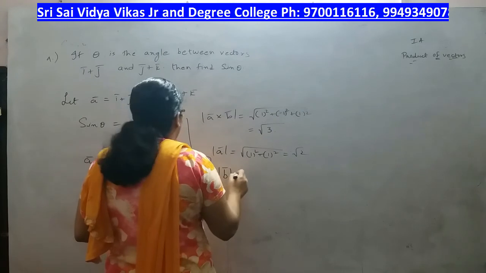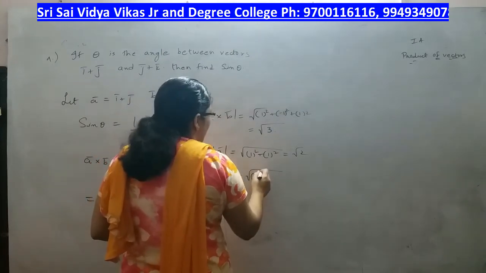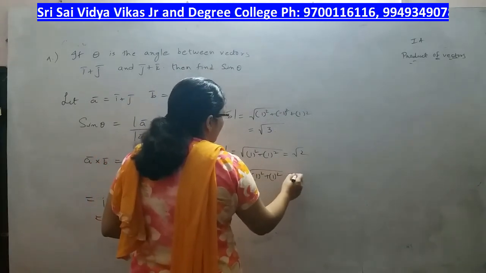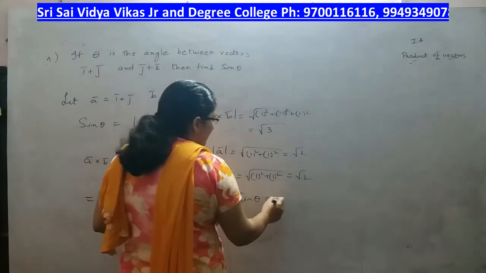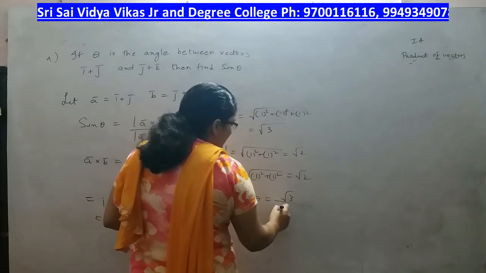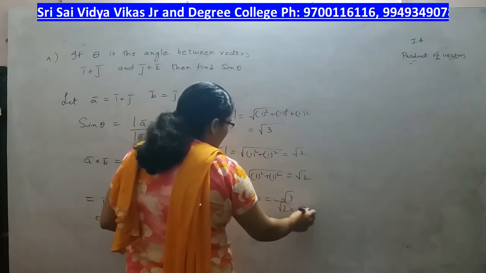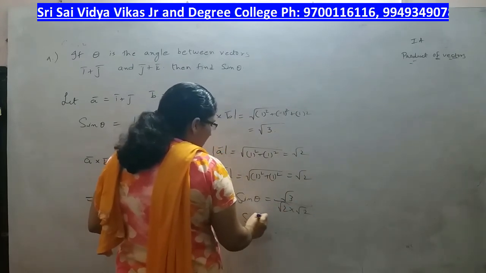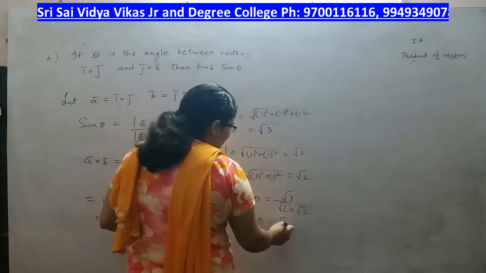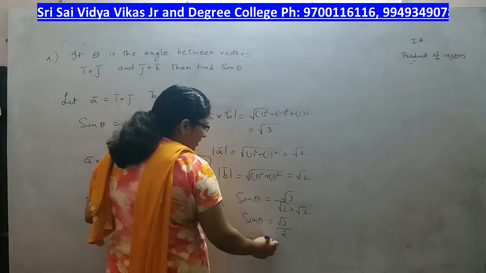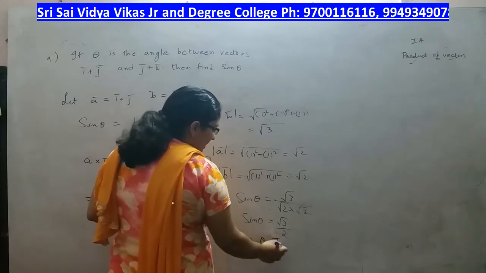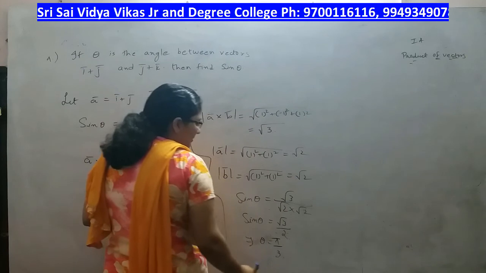Modulus of b bar is also root of 1 square plus 1 square, which is root 2. Sin theta is equal to root 3 by root 2 into root 2. Sin theta is equal to root 3 by 2. This implies theta is equal to pi by 3.